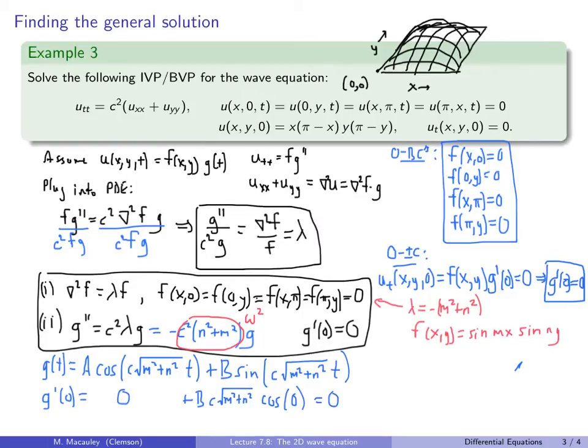So g prime of 0 equals 0 plus b times some non-zero constant times 1 equals 0. B must be equal to 0.